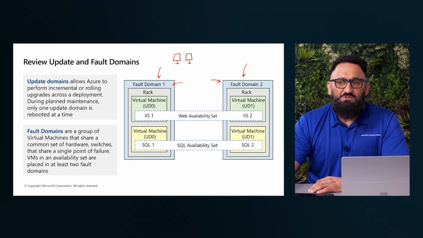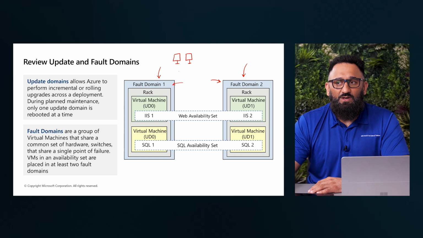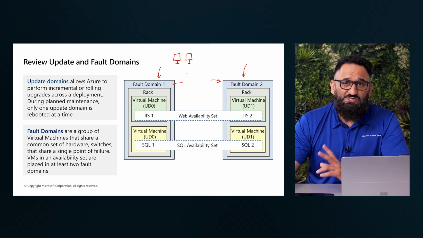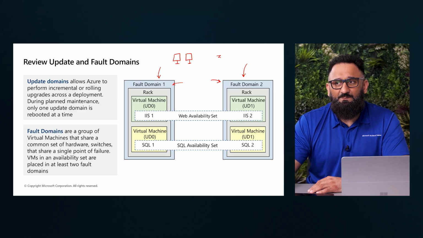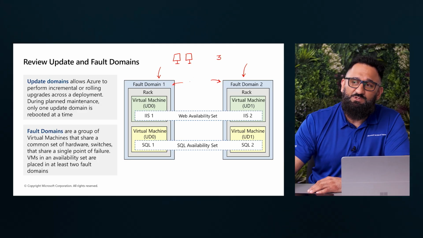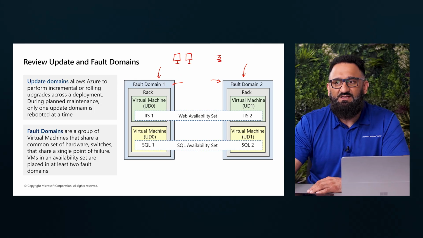Now, if I was to create a resource, for my example a virtual machine, all I'll need to do is create them on at least two different fault domains. Typically, Azure offers me up to 3 fault domains that I can place these resources onto. However, we are placing just 2 for now in this example. So I'll place one of them in fault domain 1, and I'll place the other one in fault domain 2.